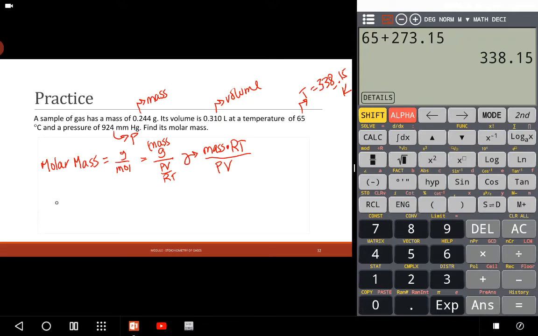So I need to take my mass in grams, 0.244 grams, and to match my unit of pressure, I'm going to select the R value, 62.36 liter torr per mole Kelvin.